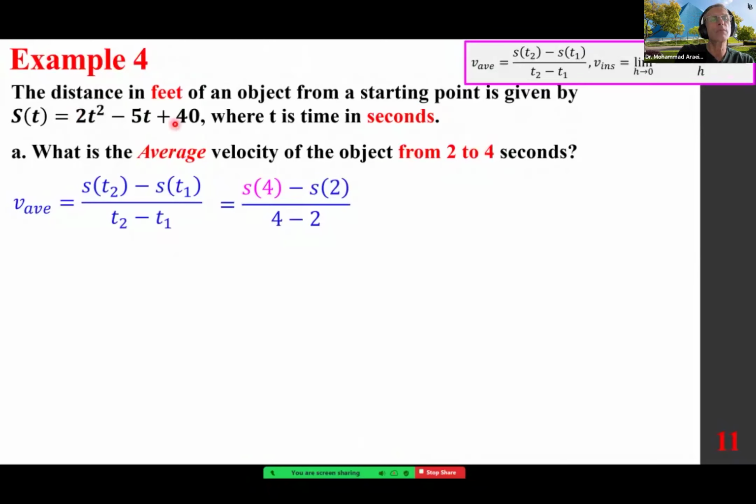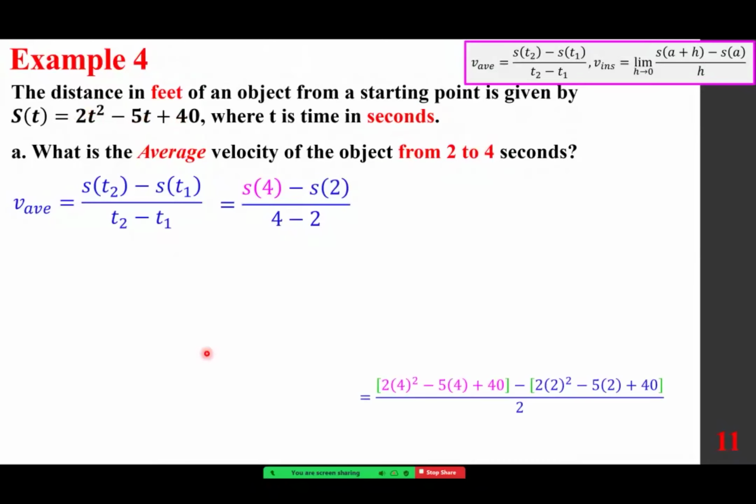So we get 2 times 4 squared minus 5 times 4 plus 40, minus, then we're going to put 2 times 2 squared minus 5 times 2 plus 40, and the denominator is 4 minus 2 or 2 simply, so it's really not a big deal. And so with that being the case, we end up with the following.